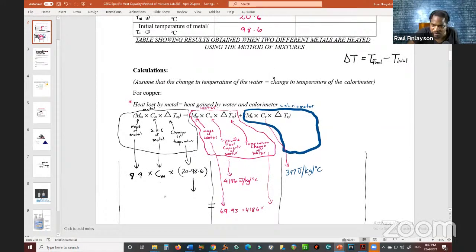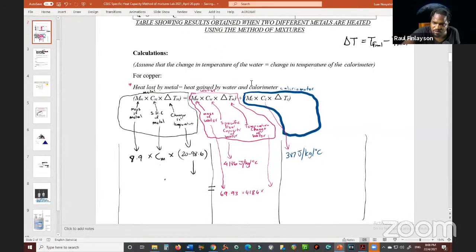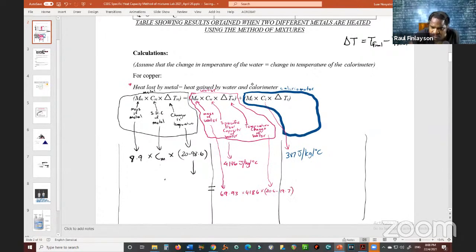So what's the difference between 19.7 and 20.6? It will be 20.6 minus 19.7. So this is what we're multiplying. All of these three numbers we're going to multiply, guys.